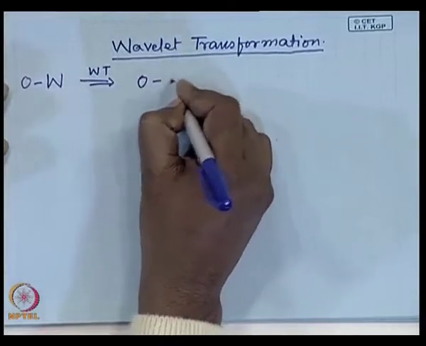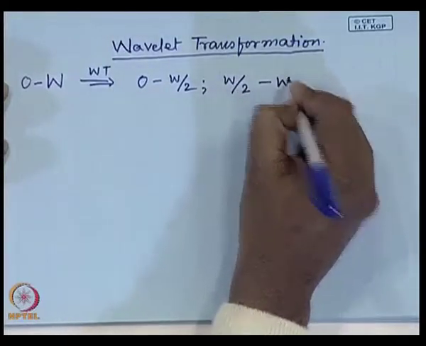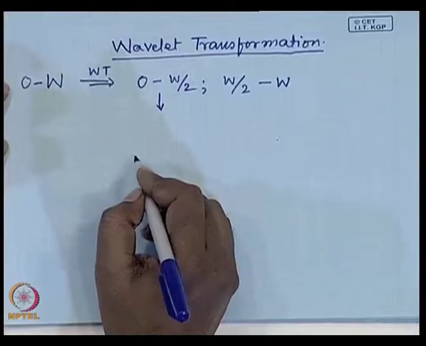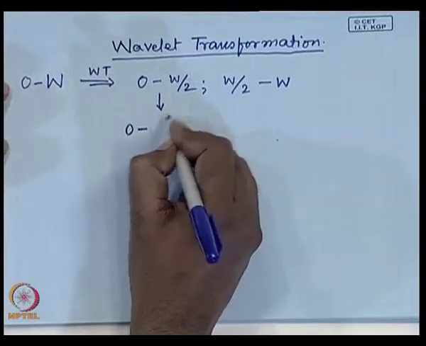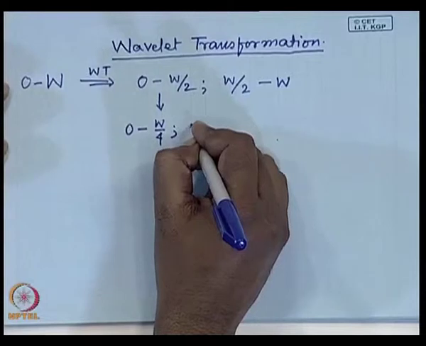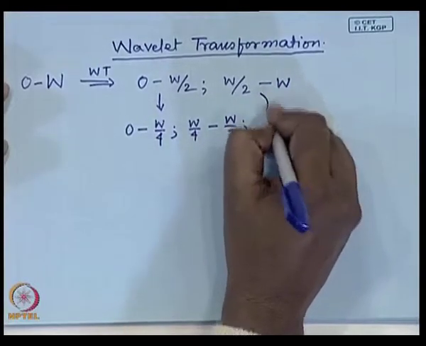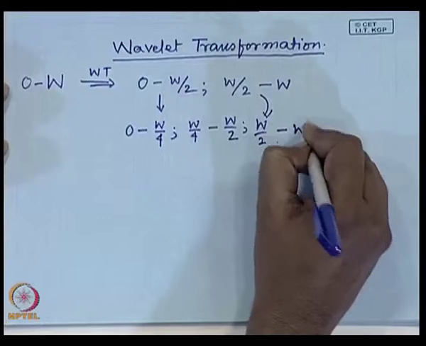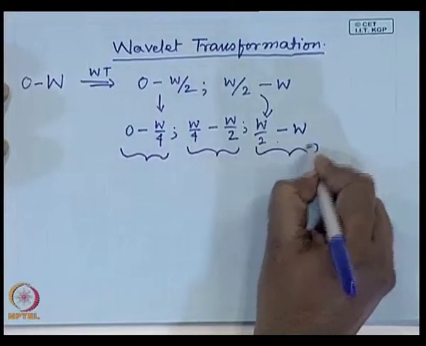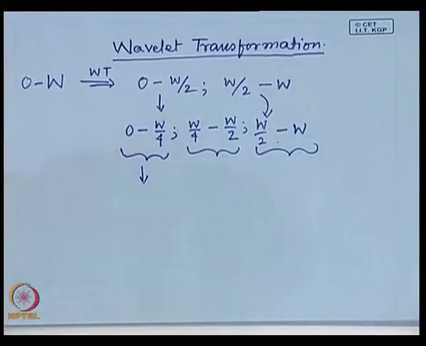One is 0 to W by 2, and other sub band is W by 2 to W. When I continue further, this 0 to W by 2 is further converted into 0 to W by 4, half of this, and the other subband will be W by 4 to W by 2, and this one is retained, W by 2 to W. So, I am always dividing the signal into a number of subbands, and the same operation is repeated in the lower subband. So, effectively what I get is a tree kind of structure.